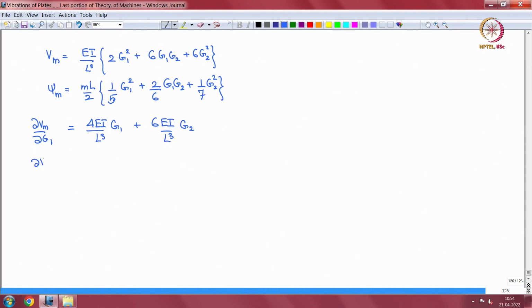Then del Vm by del g2 comes out equal to 6 E I by L cube g1 plus 12 E I by L cube g2.